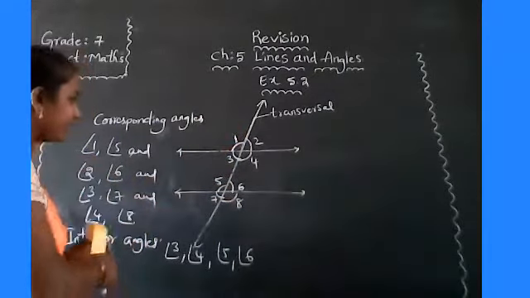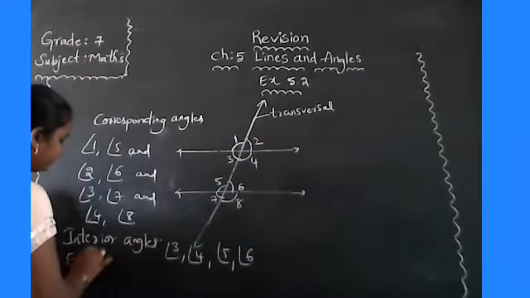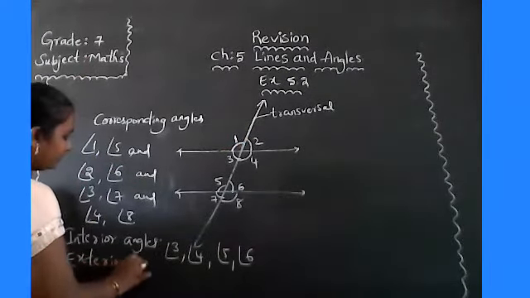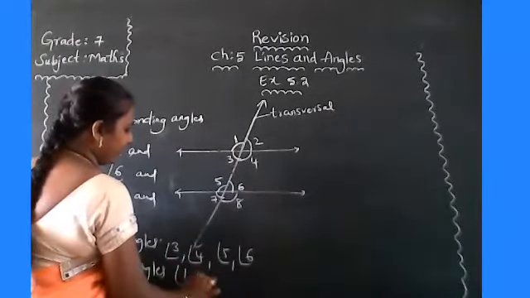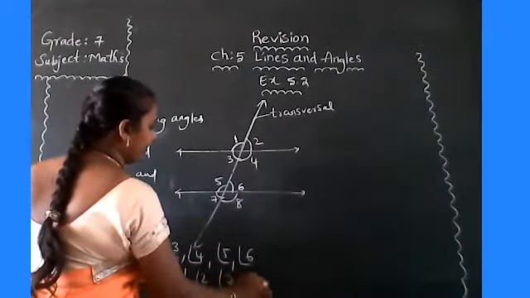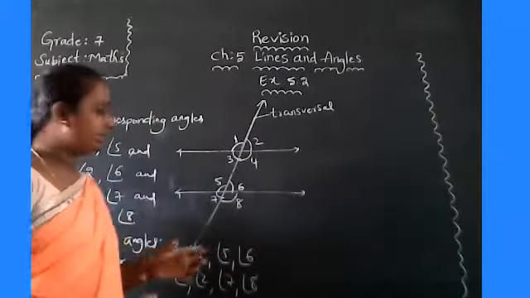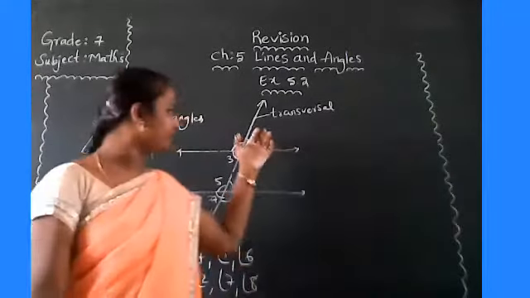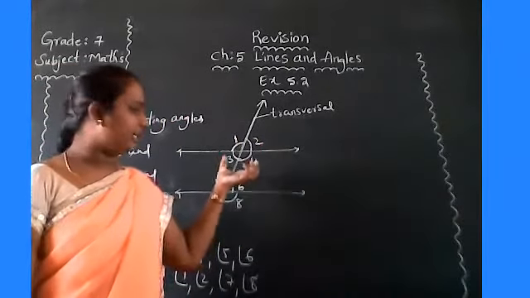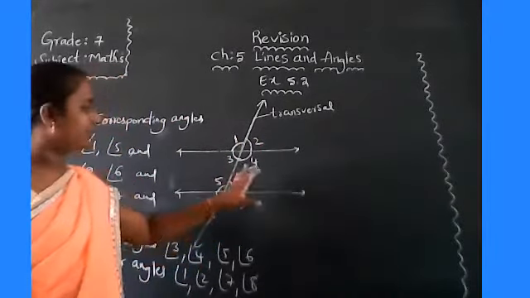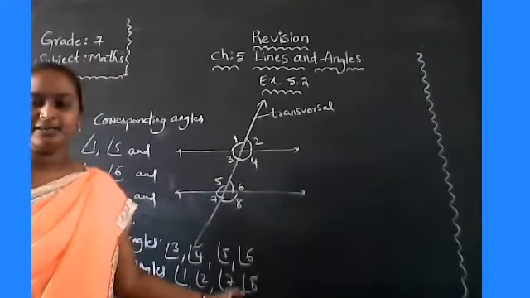The exterior angles are angle 1, angle 2, angle 7 and angle 8. Angles which are outside of the lines are called exterior angles, and angles which lie inside are called interior angles.